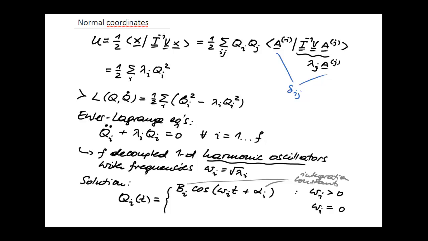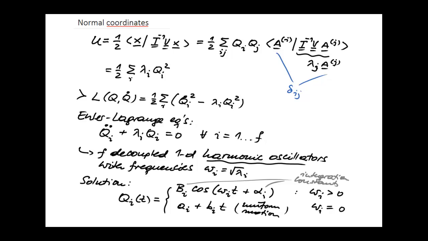So in that case, the solution would be Ai plus Bi times t, a uniform motion, where now Ai and Bi are integration constants, and that is for eigenvalue equal to 0.